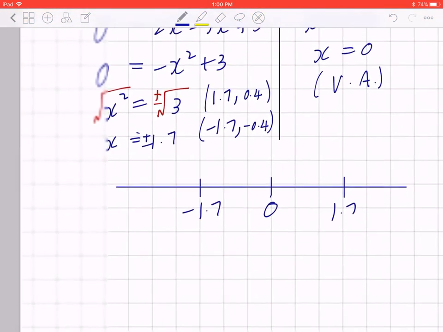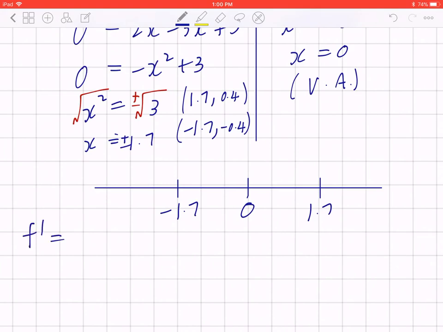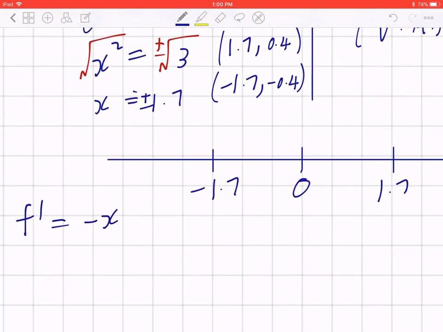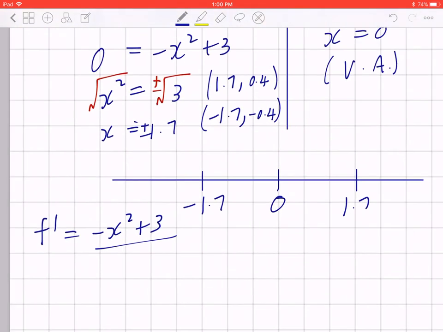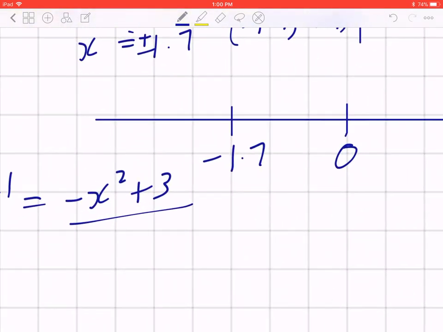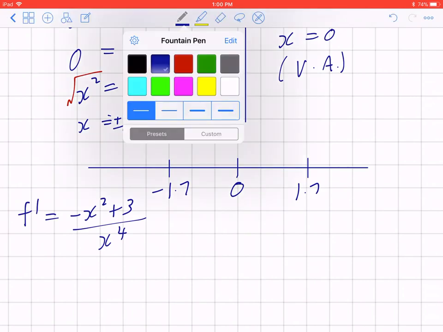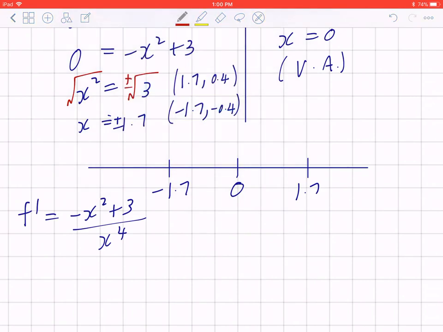To be clear, f prime of x equals (−x² + 3) / x⁴. Plug in those numbers. When you work them out, you should get decreasing, increasing, increasing, and decreasing. This is in agreement with its symmetry, which is an odd function.